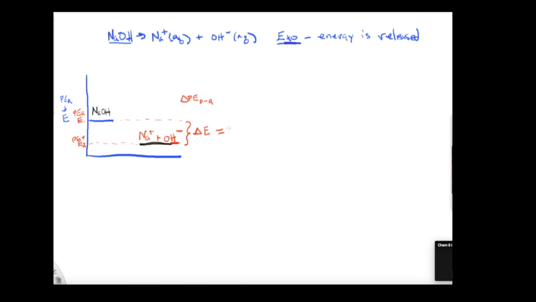And this is going to equal E2 minus E1. That should not be confusing. We're talking about this point, if this is 0, and we're simply subtracting E1 from E2. And you can see E2 is closer to 0. So this is going to equal a negative value.